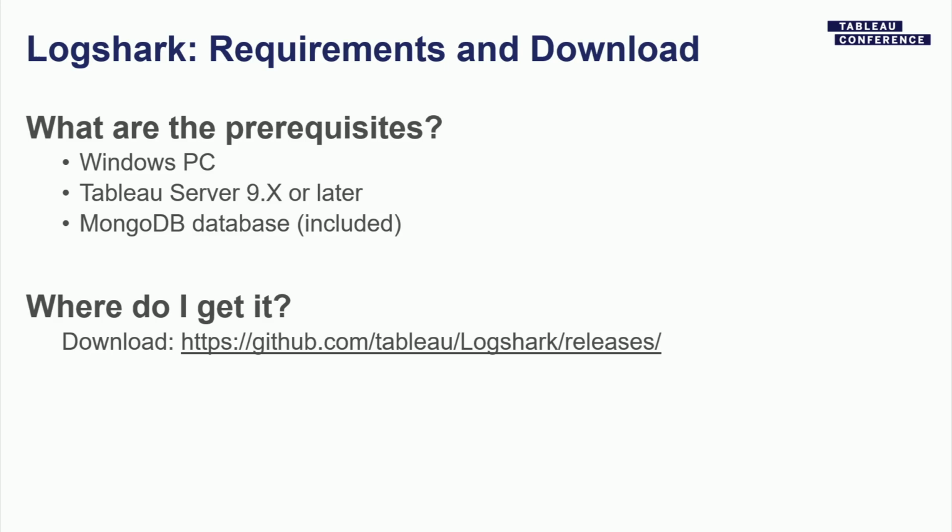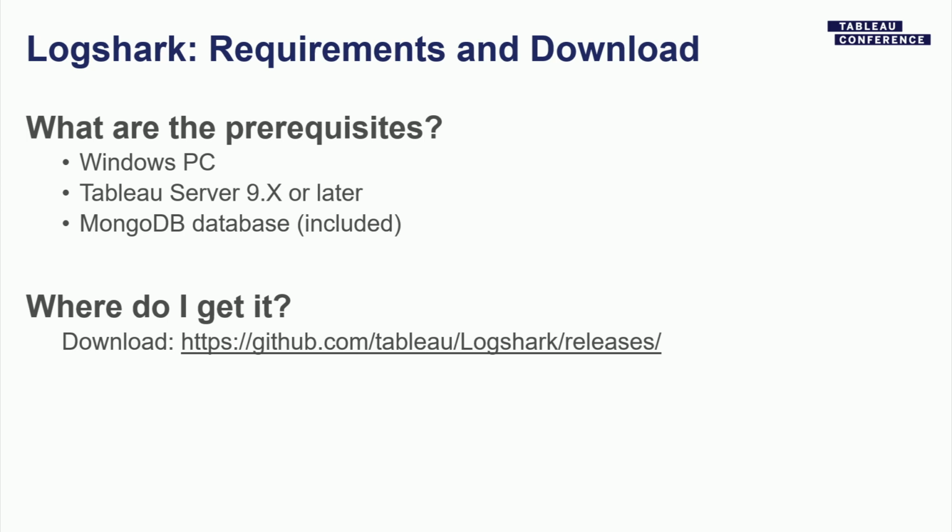Now, the news that I was getting to was we just released, hot off the press as of last week, version 3 of Logshark, in which we have removed the dependency on Postgres. If any of you have used Logshark in the past, we used to require you to use a Postgres database as well. We have now converted that, and we write them out to the Hyper format.